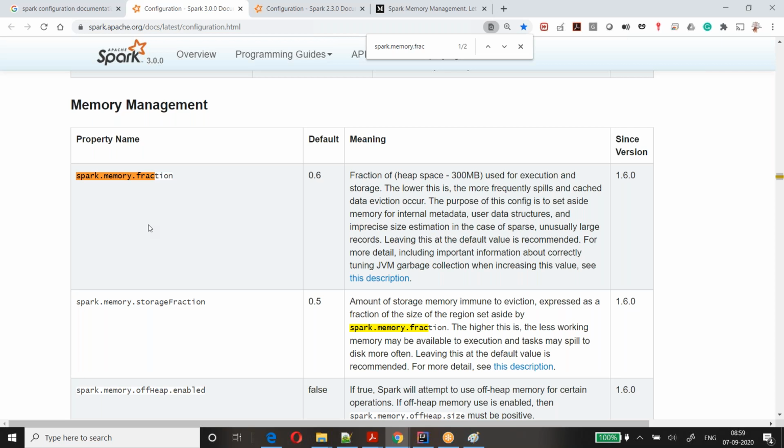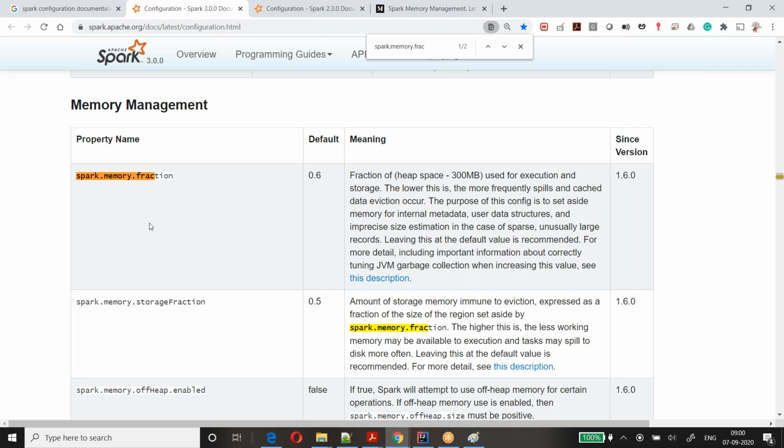Okay, so that is it for now. If you guys have any questions, I can try to answer in more detail. In the next session, I plan to explain how the memory allocation will happen and how the resource allocation will happen, like dynamic resource allocation and static resource allocation.